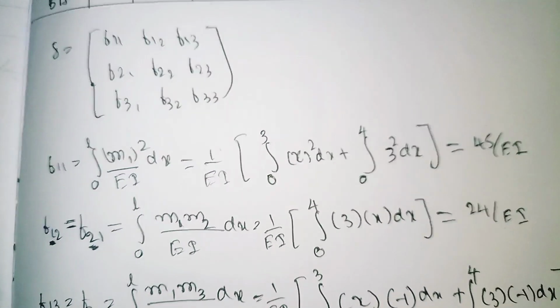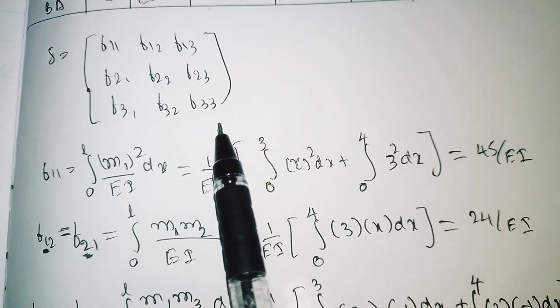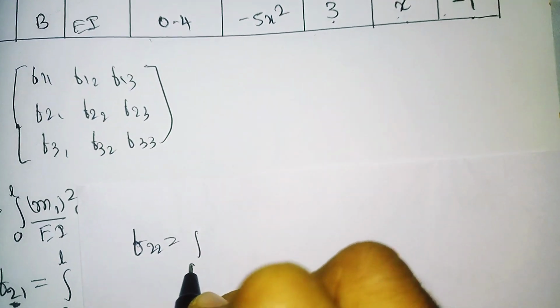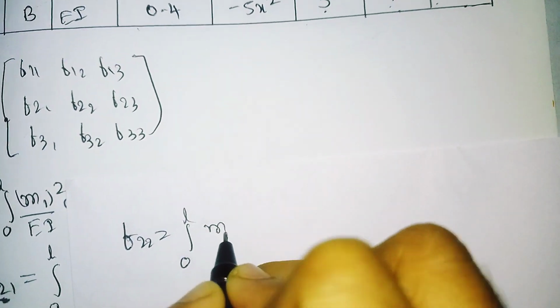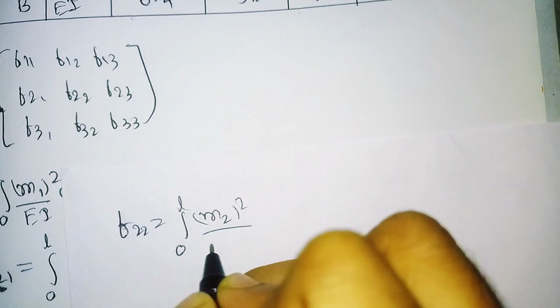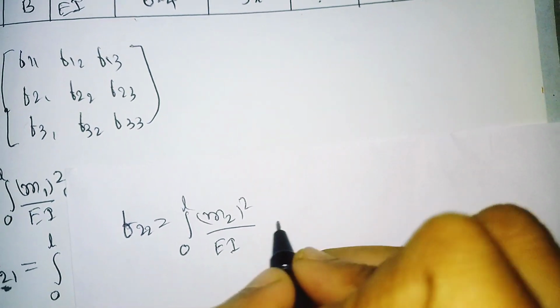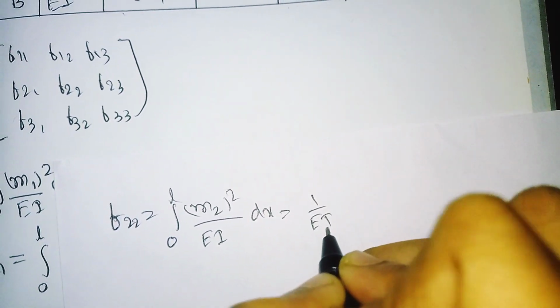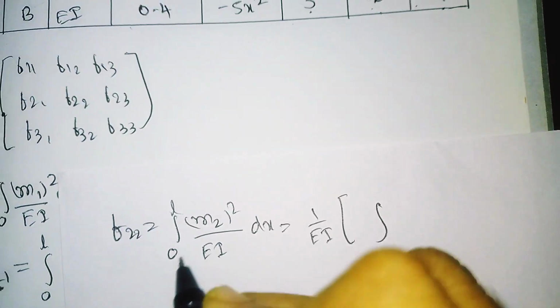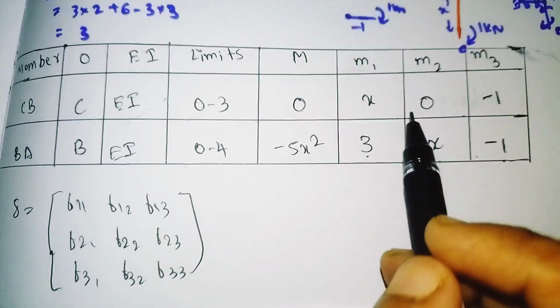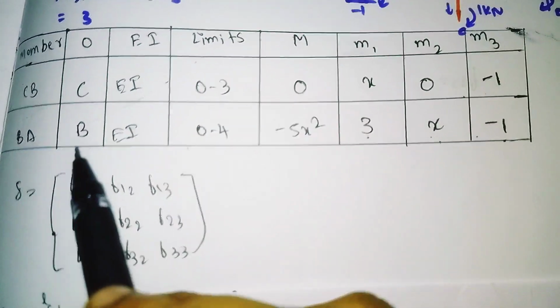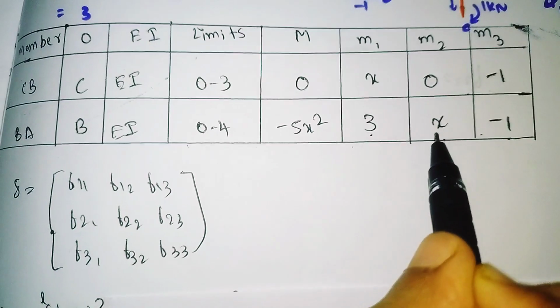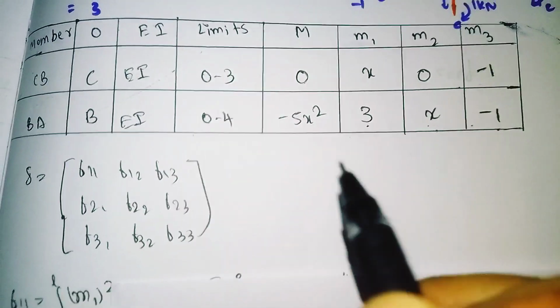Similarly, we need to find the F22 and F33. For F22, integration of 0 to L of m2 square divided by EI into dx. So 1 divided by EI I am taking outside. Now m2 for CB is 0 and m2 for BA is x. So we have the limit 0 to 4.